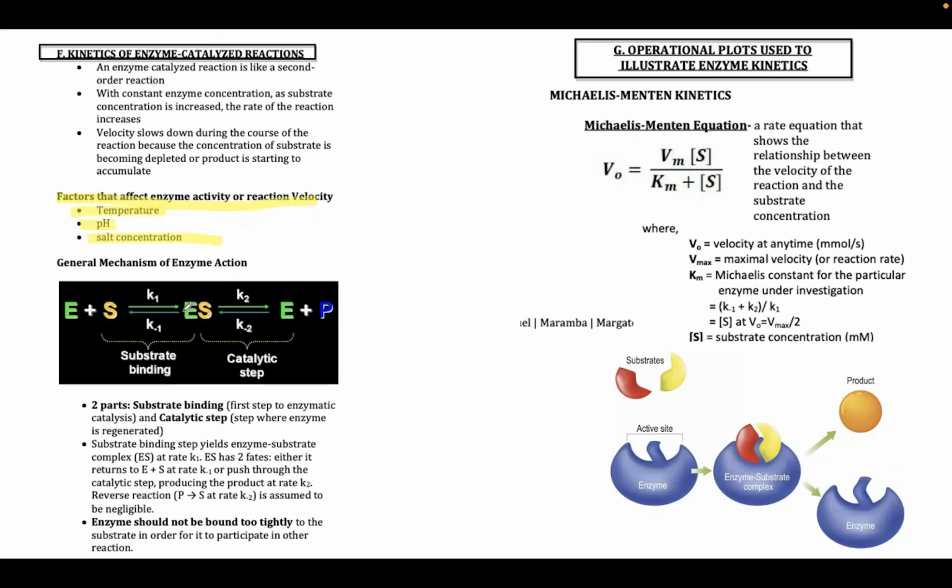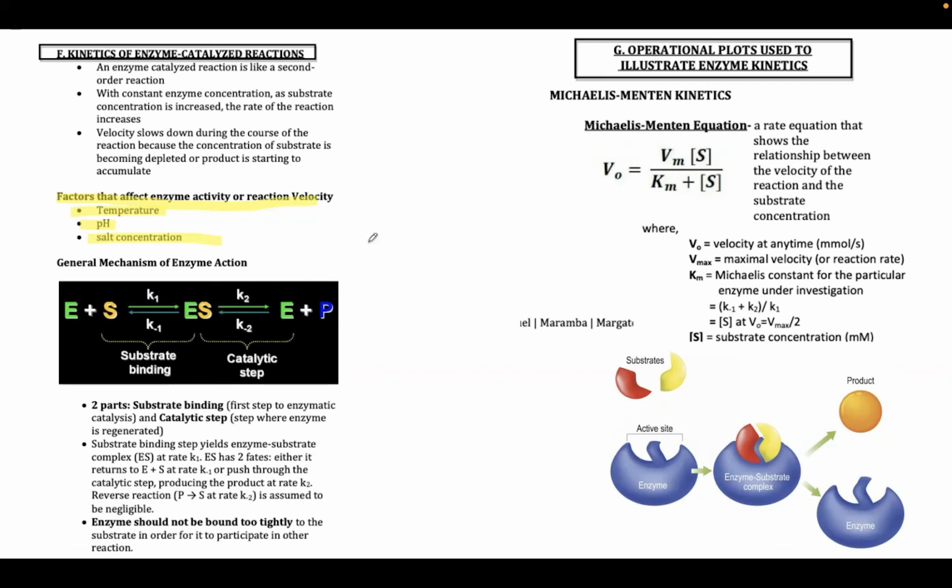And then after some time, pagka nagkaroon ka na ng enzyme substrate complex, it will produce a product and then yung enzyme mo na ulit. Okay? Again, enzyme substrate. Pag nag-combine na sila, makakabuo ka na ng enzyme substrate complex. And then eventually, it will form a product and then another enzyme na gagawa na naman siya ng another activity.